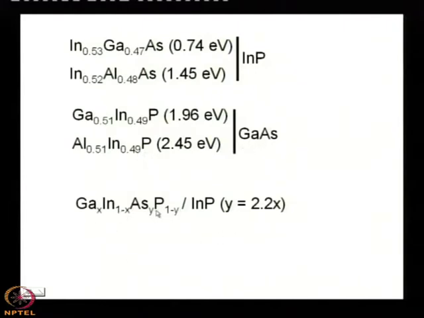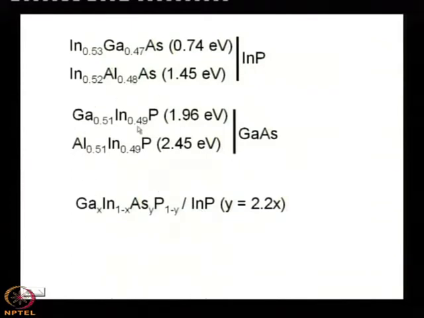Then gallium indium arsenide phosphide is lattice matched to indium phosphide for y equals 2.2x. Only for this value it is lattice matched to indium phosphide. So, that means you cannot grow any composition.